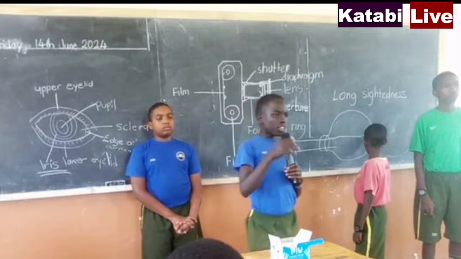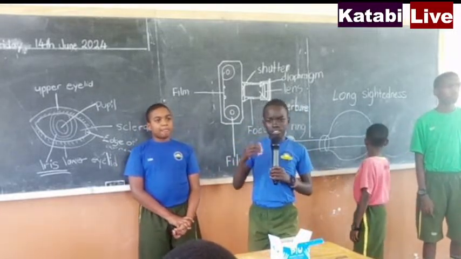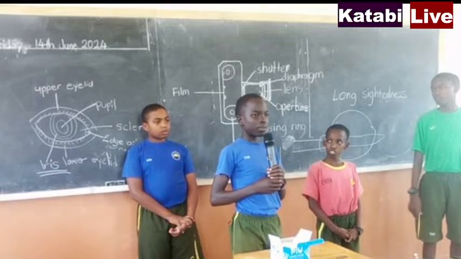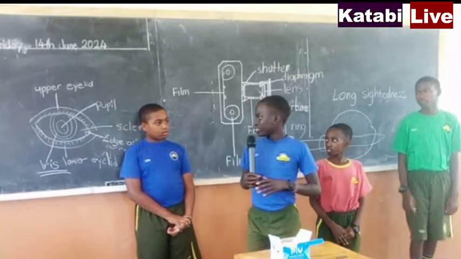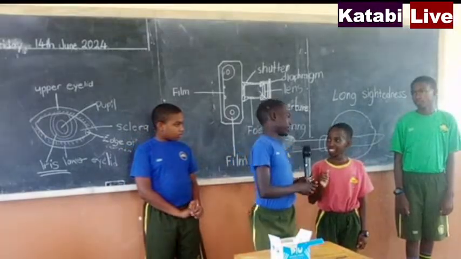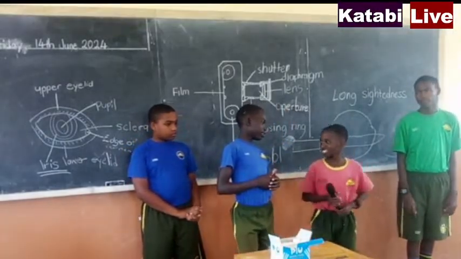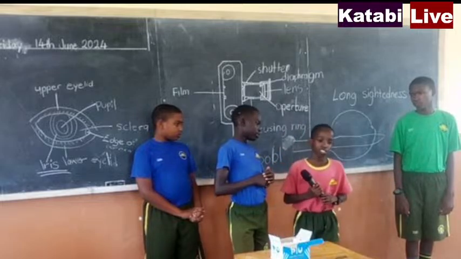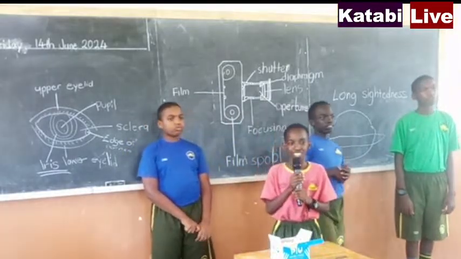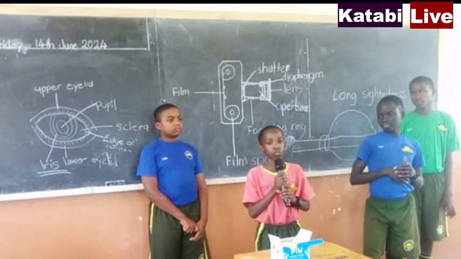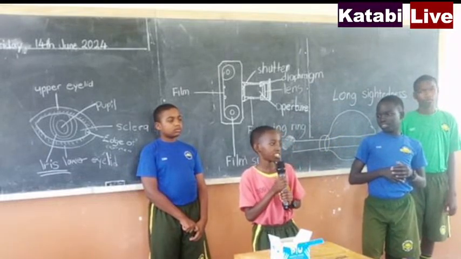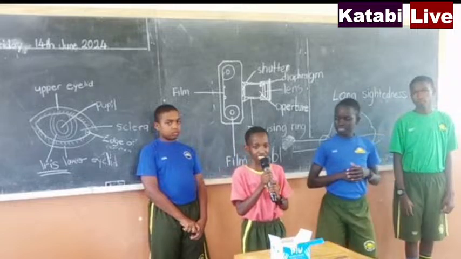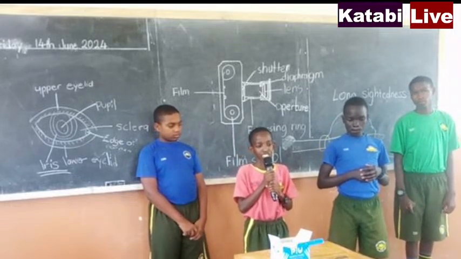But as we wear those spectacles, how do they correct short-sightedness? There comes the question: how do concave lenses correct short-sightedness?